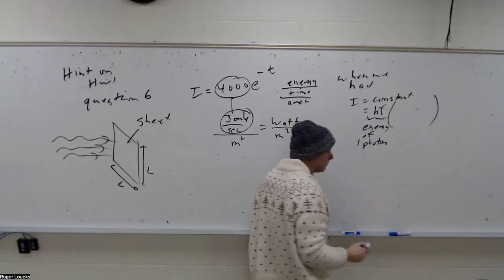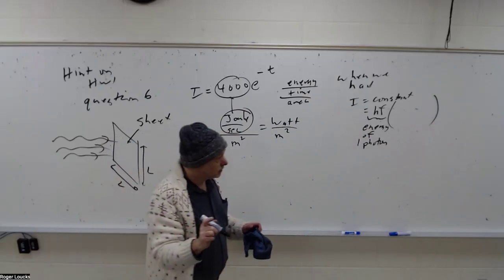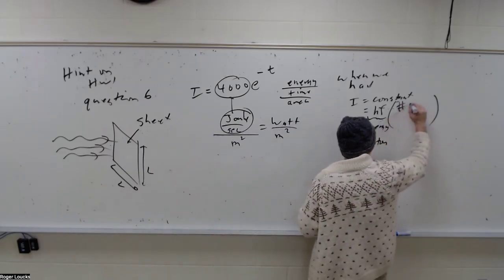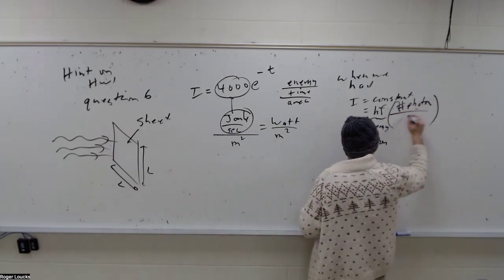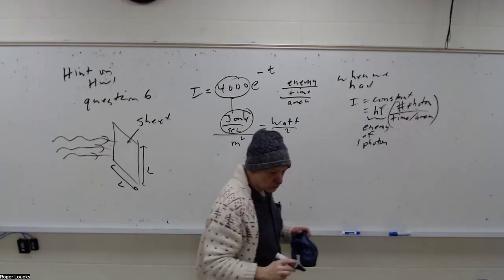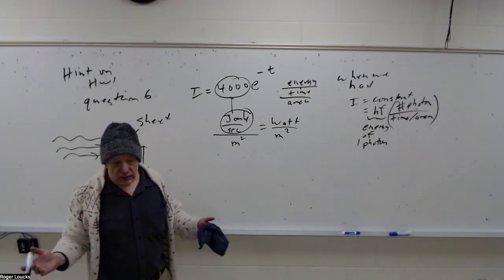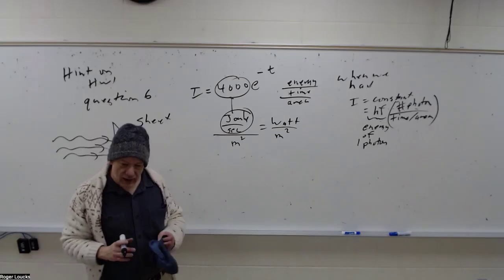And then what did we multiply that by? The number of photons per unit time per unit area. That's what we did, and these were all constant. Now in this case, what has to happen?